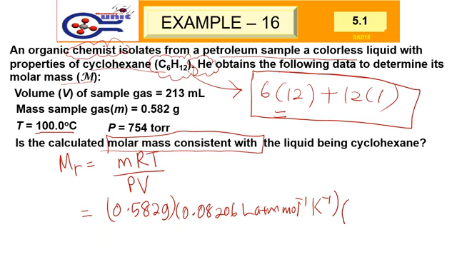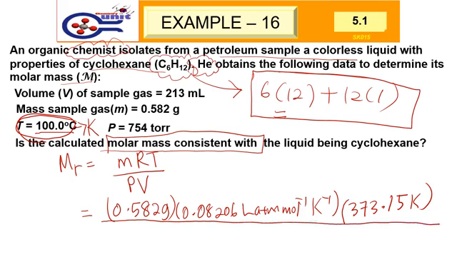So, dapat berapa? 373.15 Kelvin. Ni mesti convert to Kelvin. Boleh? Tambah je 273.15. Divide by, bahagi dengan, okay, pressure of the gas. Berapa pressure of the gas? Dia bagi situ adalah 754 torr.